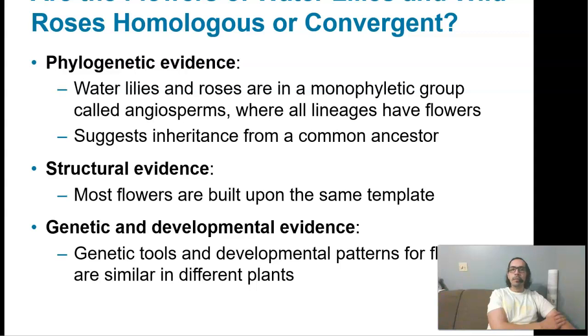So are they homologous or convergent? Water lilies and roses are in a monophyletic group called angiosperms, where in this lineage all of the plants have flowers. So this suggests that the flowers were inherited from a common ancestor.